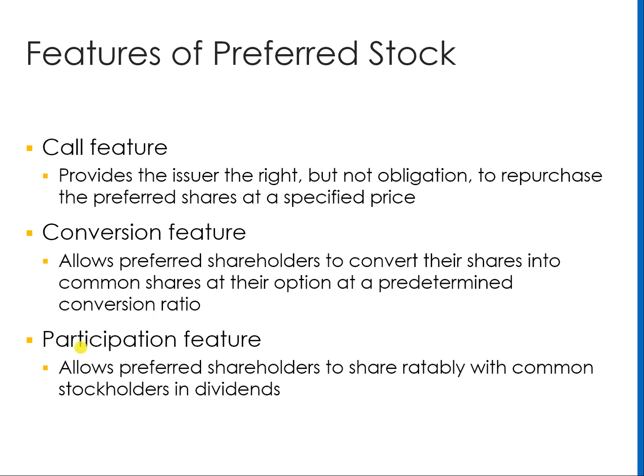And it has participation features, which allow preferred shareholders to share ratably with common shareholders in dividends, so they have more chances than common stockholders to share dividends. But in order to have all these rights, typically preferred stockholders give up voting rights. Common stockholders can vote, but preferred stockholders cannot vote. In return, they have a lot of preferences.